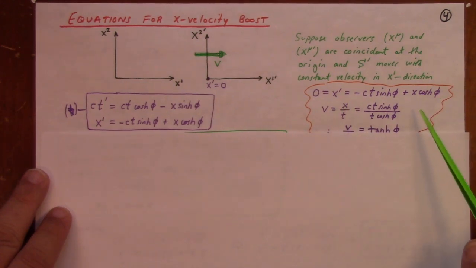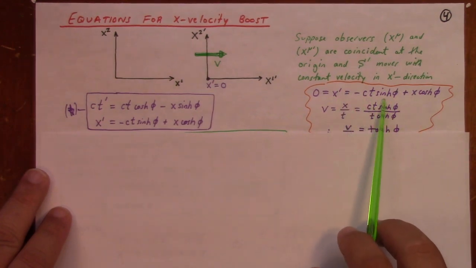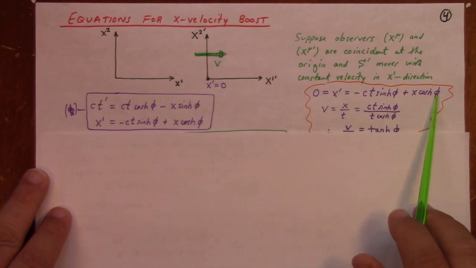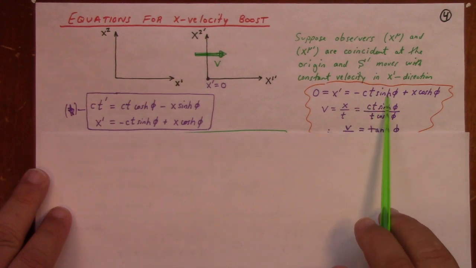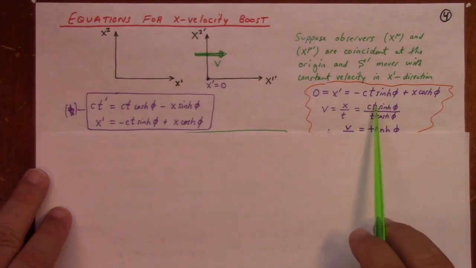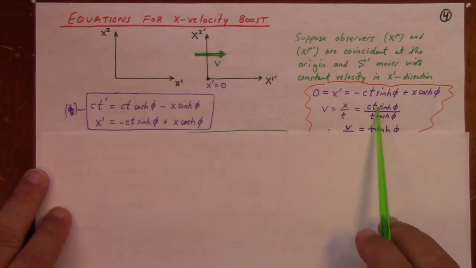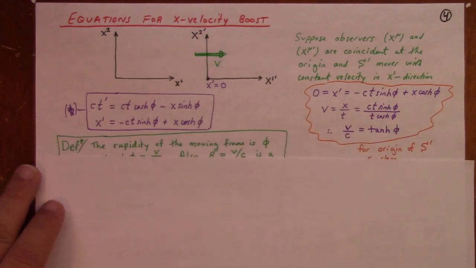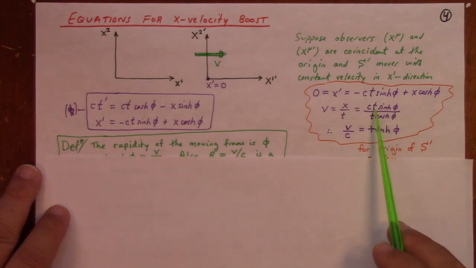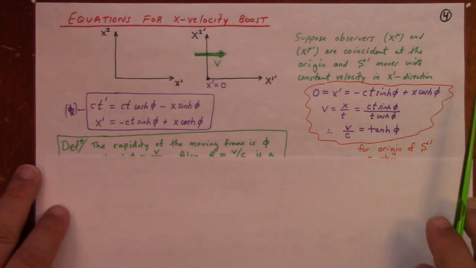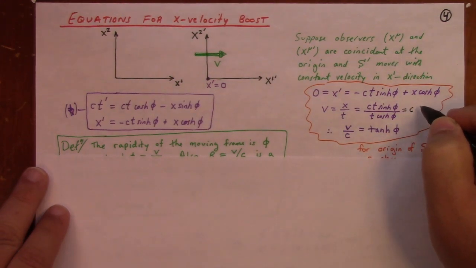But lo and behold, when you take this equation up here and solve for x, we get x is equal to ct sinh phi divided by cosh phi. And so x over t, the t's cancel, and we get a constant. You see we get a constant velocity, it's c tanh phi, right?